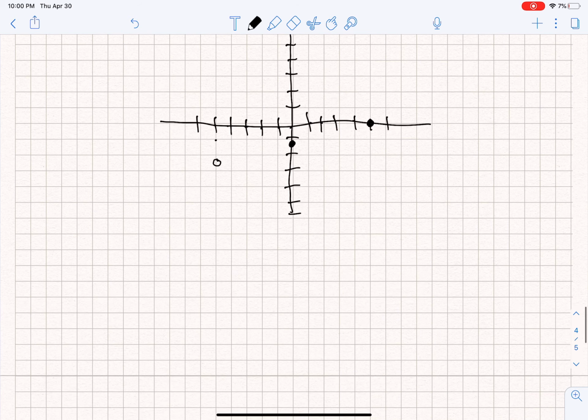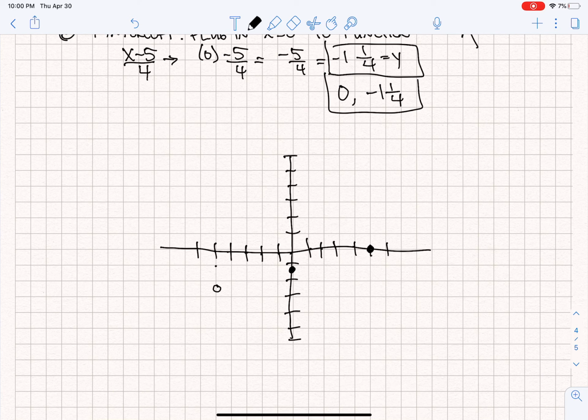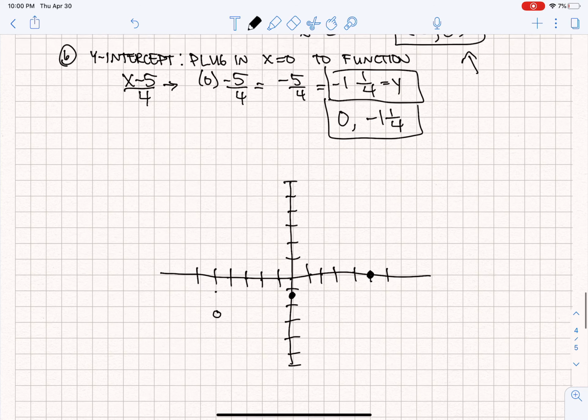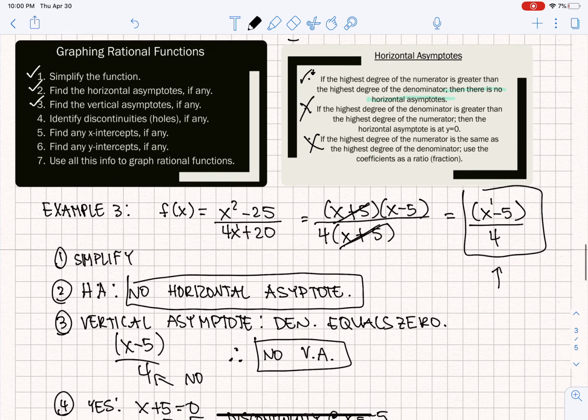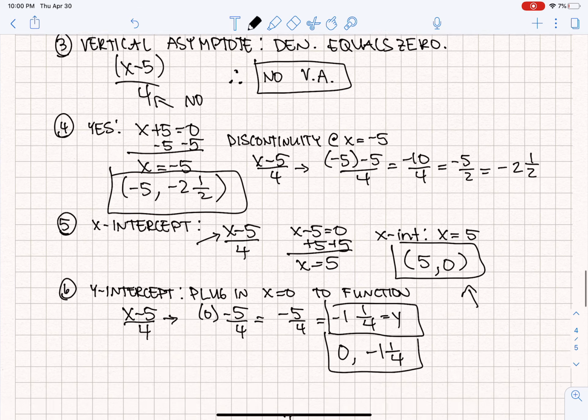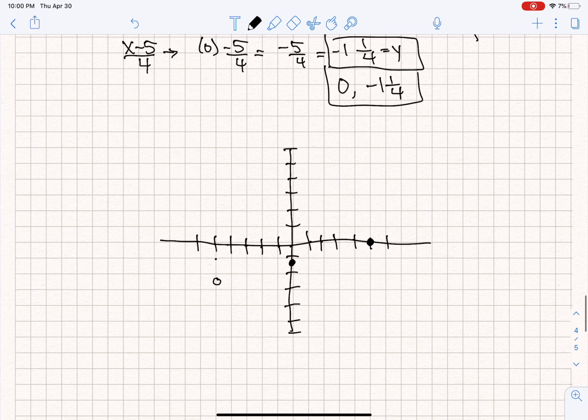Okay, so that'll be the last video. And the last video I will give you right before I give you a few problems that you have to graph. It's gonna be 3 examples just like this. You will have to do steps 1 through 7 for each of the 3 rational functions in order to graph.